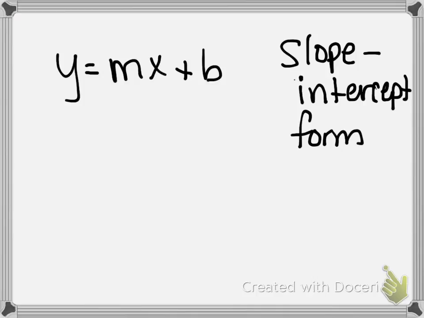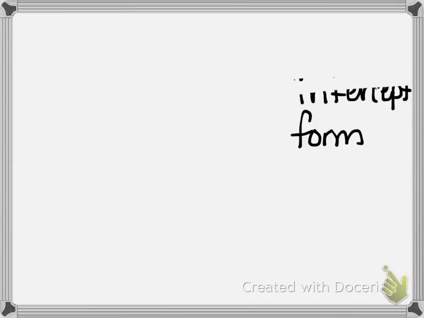So for slope-intercept form, I'm going to change my mind on that, and I'm going to save slope-intercept form for a later lesson because I don't want to overwhelm you with information in this one. And so we're going to leave that at where we were.